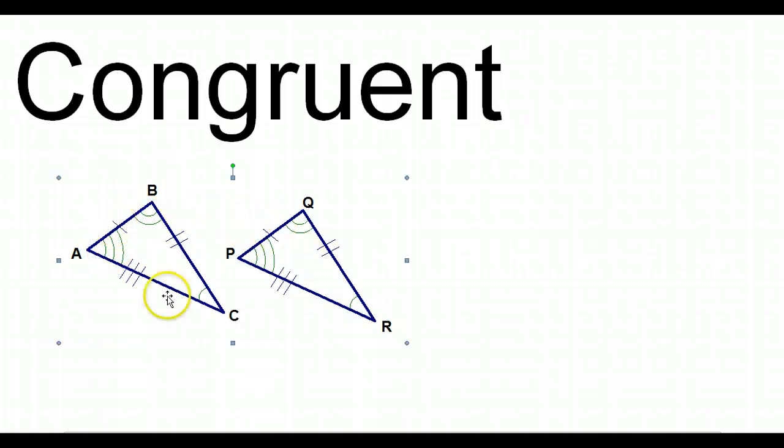All 3 pairs of sides had to be congruent, like AB to PQ, BC to QR, and AC to PR, and the 3 angles have to be congruent to the other 3 angles, A to P, B to Q, and C to R. So that was 3 sides and 3 angles that had to be congruent. That meant the 2 triangles were congruent.